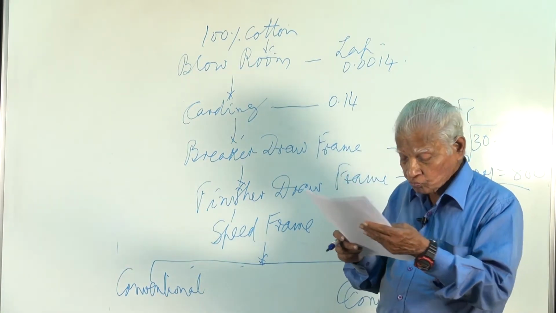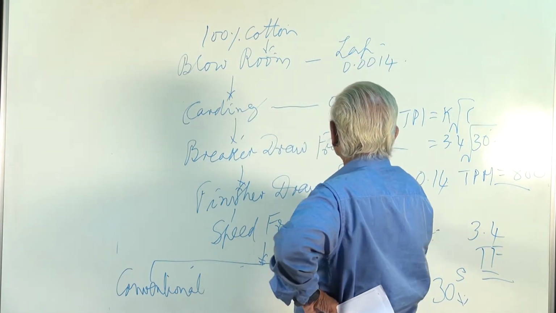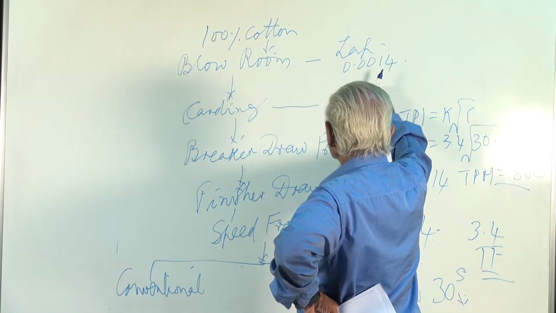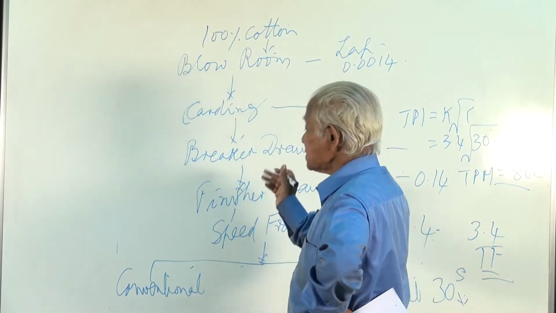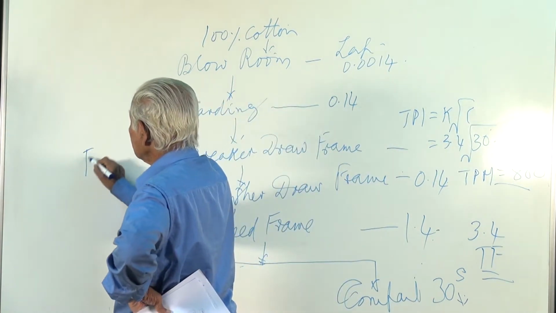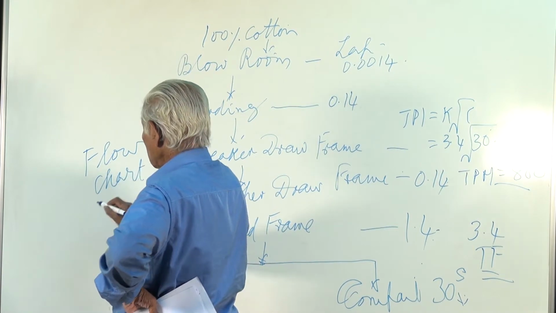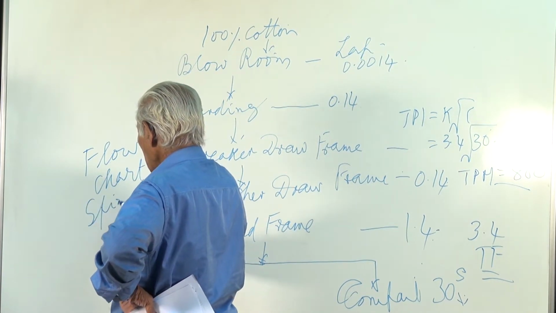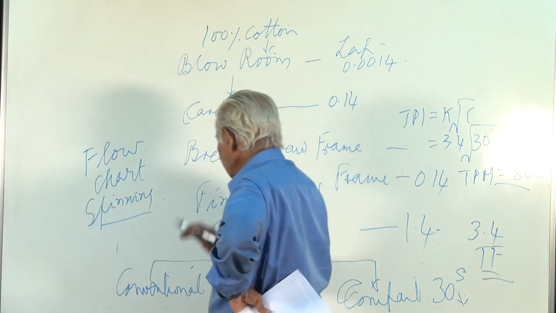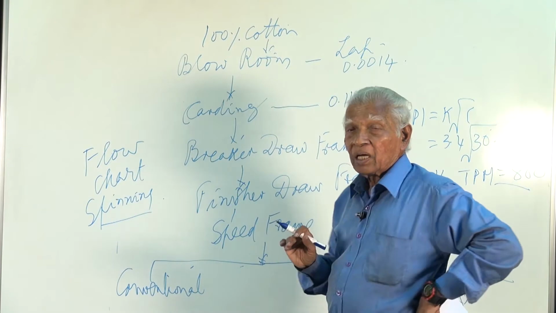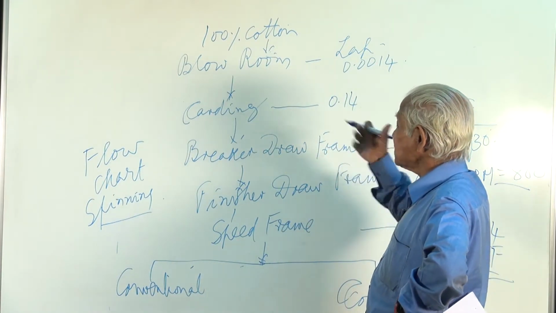And the process of thinning down is called drafting. From 0.0014 it is thinned out to 0.14 and to 1.4 and 30s. So this flow chart tells you about spinning and the various drafts that are used, and the various hanks that are being kept in the various departments also affect their production.